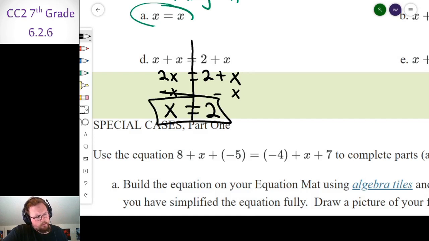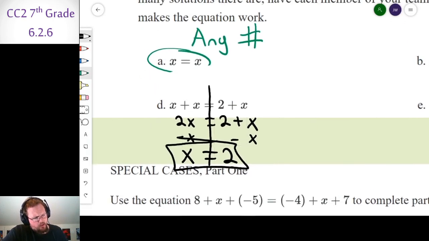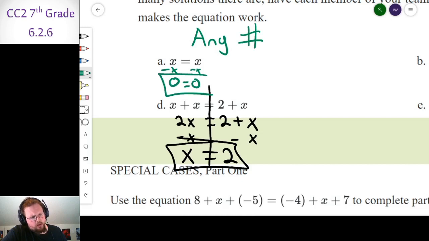Okay. What happens if I had tried that in the first one? If I had said, well, I don't know whether to put x on the left or right, let's just subtract x from both sides. You might think the sides disappear, but in reality it turns into 0 equals 0. What happens here?